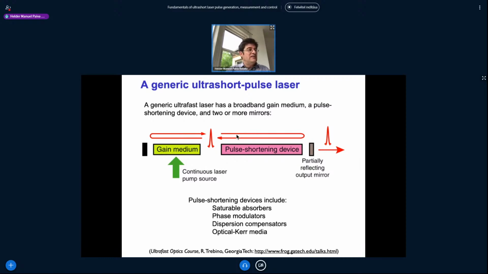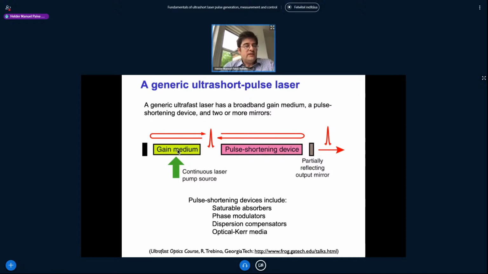So you cannot imagine that this laser will have a pulse traveling back and forth inside the laser, okay, where at each round trip, we will get some of the energy coming out, and that's the laser output, basically. So one of these mirrors is partially reflecting, so every time the pulse hits this mirror, we get the pulse coming out. Now, unless we have some pulse shortening device inside the laser, the medium itself, because of dispersion, will destroy the pulse.